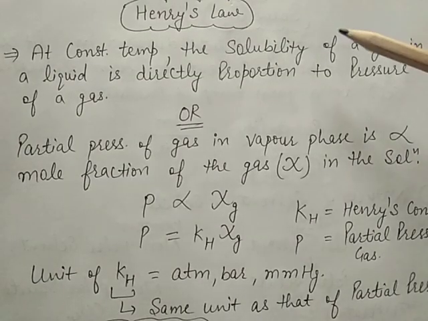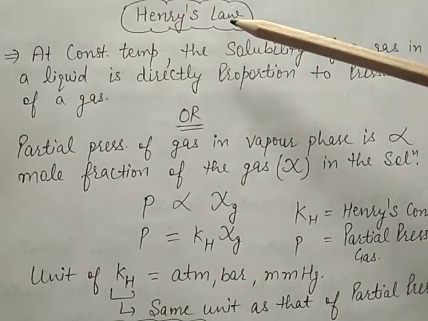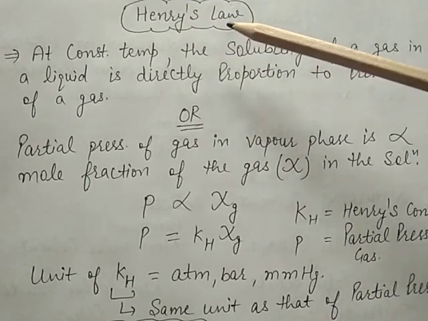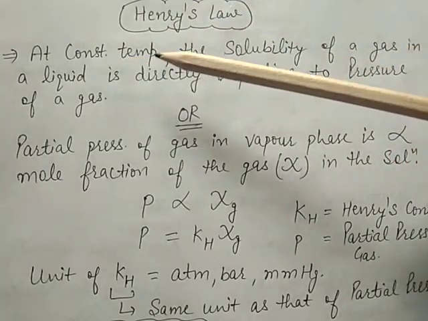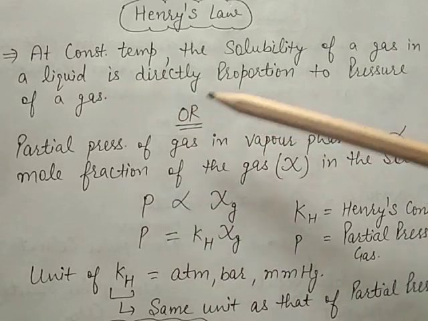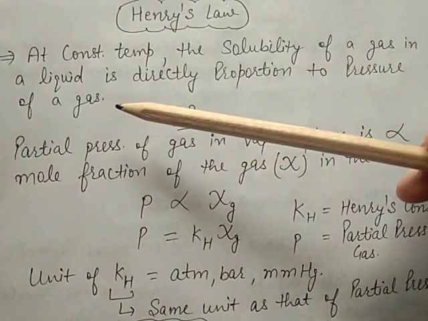Now on the basis of solubility of a gas, one law is given by Henry. This is also called Henry law. It states that at constant temperature, the solubility of a gas in a liquid is directly proportional to the pressure of the gas.